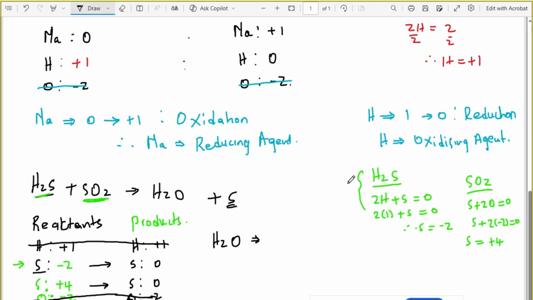So this tells you that H2S, see? H2S. So this one will be oxidation. Right? So since it's oxidation, H2S will be our reducing agent. You understand that one?